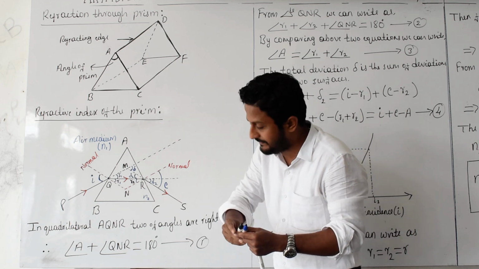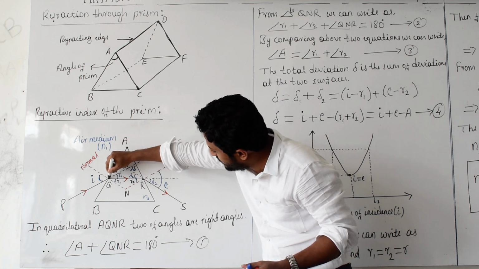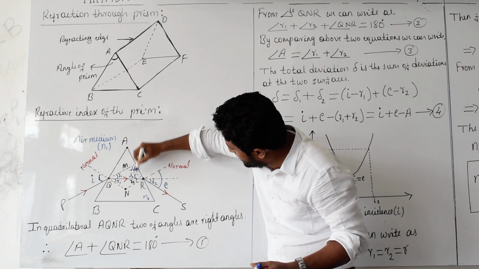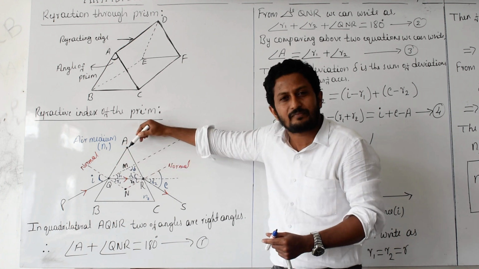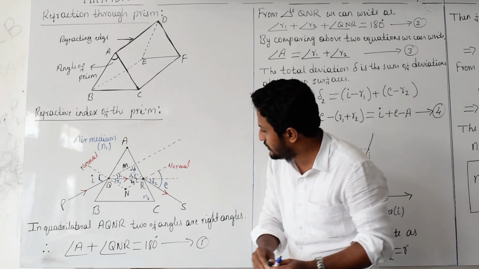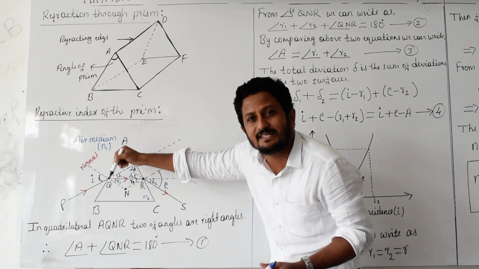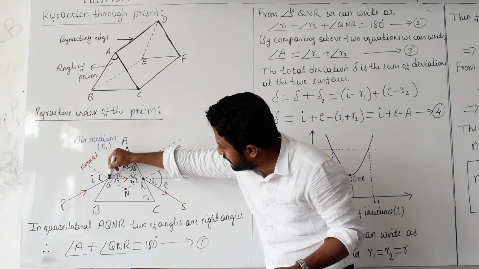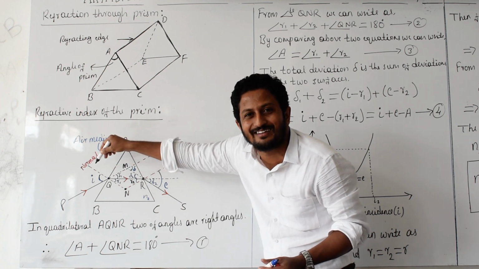This is A. This is Q. And this one is N. And this one is R. Look at this quadrilateral AQNR. Two angles are right angles. Which are those? This angle, angle Q, is 90 degrees. Why? Because to this point of incidence, you have drawn a perpendicular line.